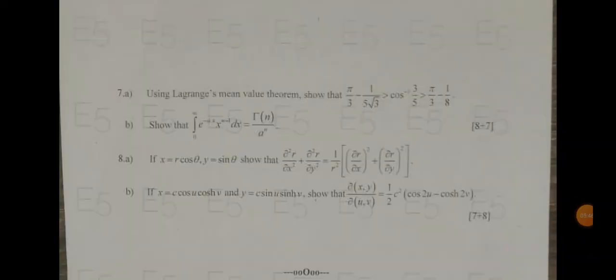And for the 7th A bit, using the Lagrange mean value theorem, show that that is the expression. Better to start with the middle part of the given expression. It is cos inverse of something. So f of x is taken as cos inverse of x, and you apply the Lagrange mean value theorem, and directly select the a and b values depending on the information in the left and right side values.